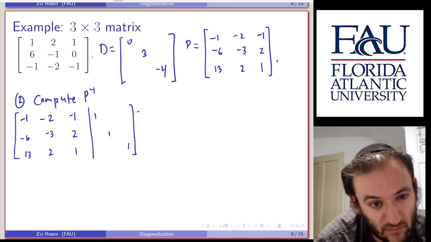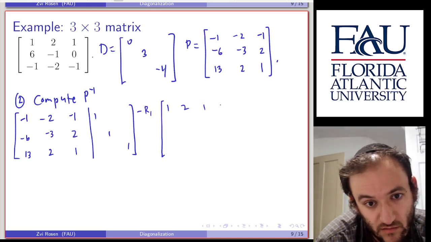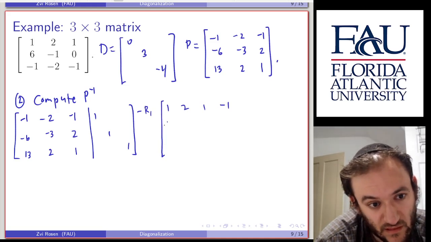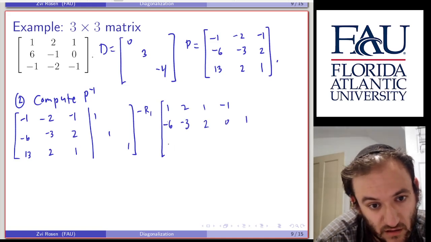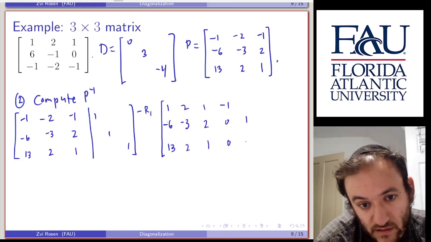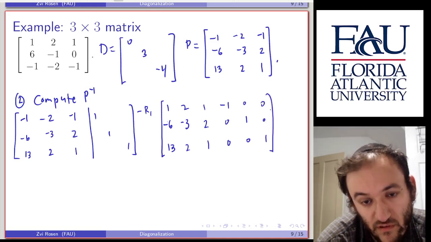Okay, and we're going to take minus of the first row. Get 1, 2, 1, minus 1. Then the rest of the matrix stays the same, minus 6, minus 3, 2, 0, 1, 13, 2, 1, 0, 0, 1. Okay, and there are zeros above here as well, of course.